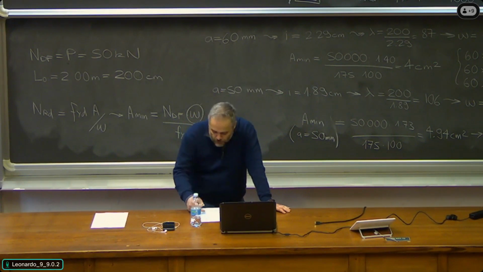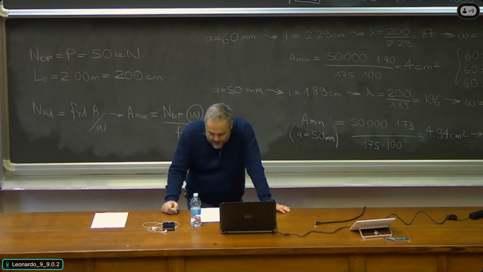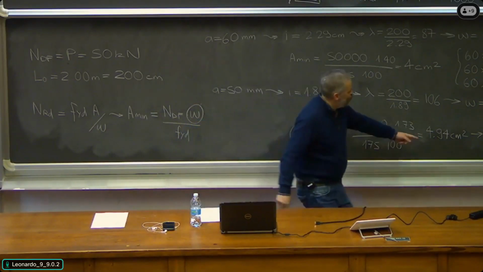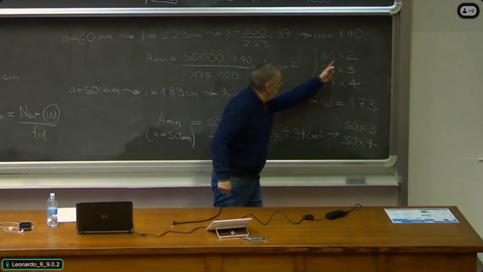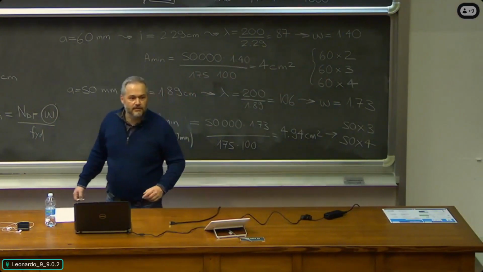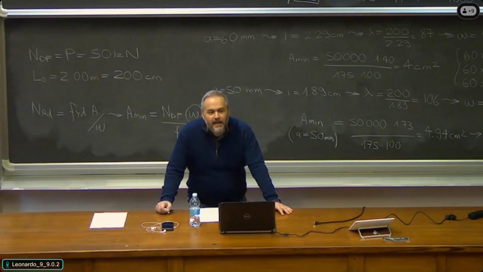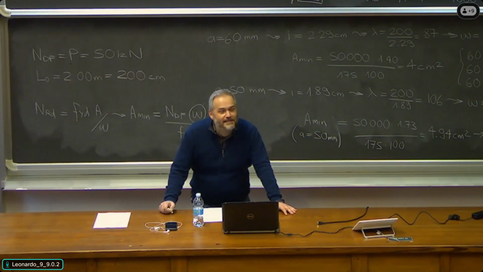Now, in all the groups, we have 50 times 3, 50 times 4, 60 times 2, 60 times 3, and 60 times 4. Which one do we choose among these 1, 2, 3, 4, 5 sections? 60 times 2 is again the solution which makes sure that you have the profile with less weight. So it's the optimum choice from the point of view of the cost.